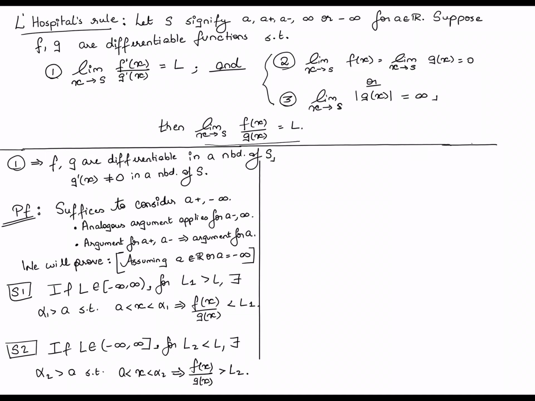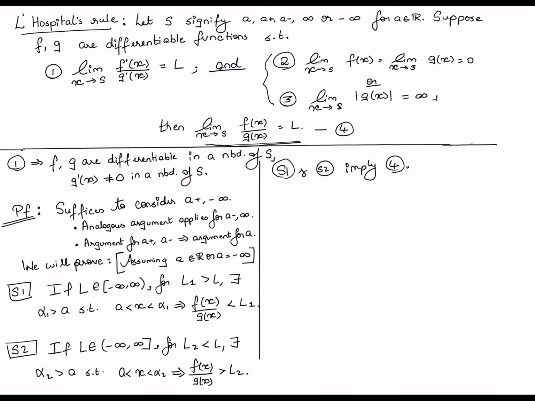Right? Convince yourself that if S1 and S2 both hold, then in fact the statement of the result holds, namely that the limit of f of x by g of x is equal to L. Okay? So let's call this statement 4. So the first thing to note is that S1 and S2 imply 4.